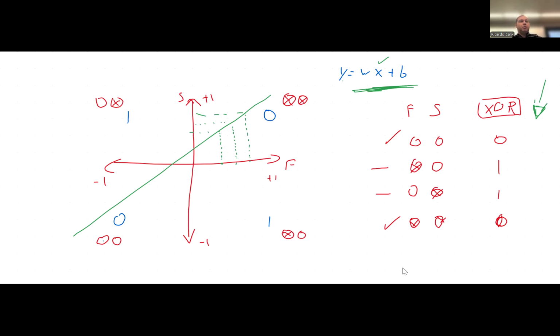Okay, so now let's move on. Okay, new chart.